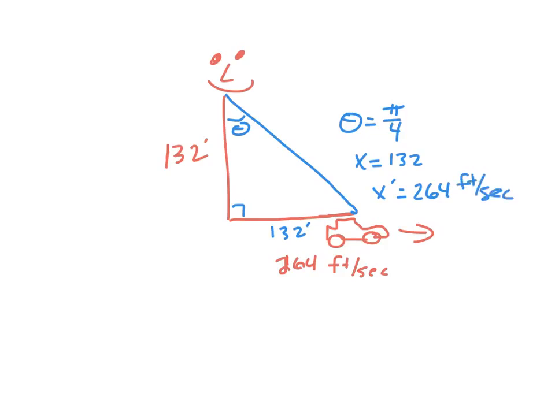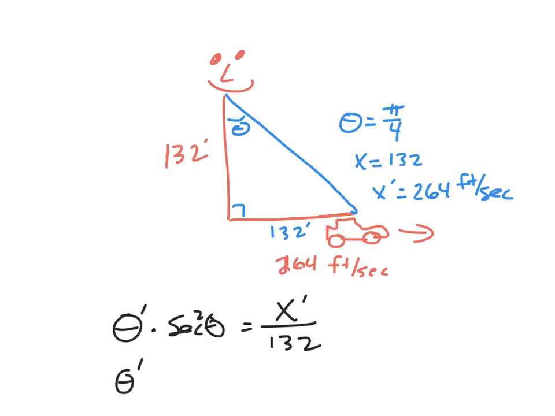And what we're going to do is go back to the same derivative we had before. It was theta prime times secant squared theta equals x prime over 132. We'll plug in all these new numbers. We don't know theta prime. We do know theta is pi over 4.